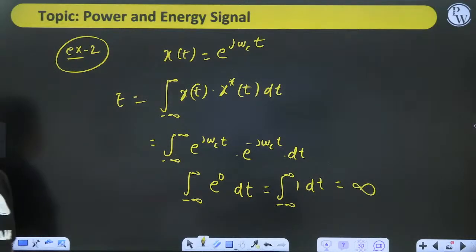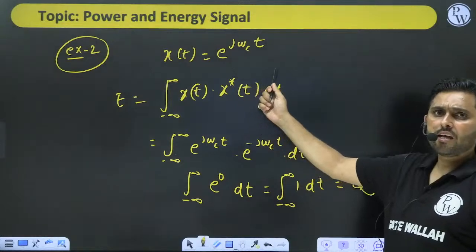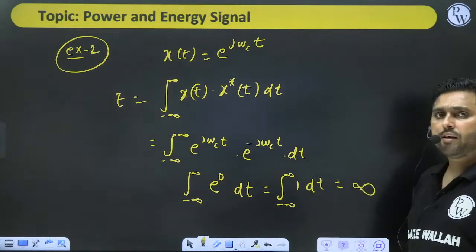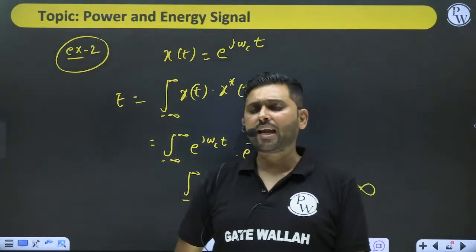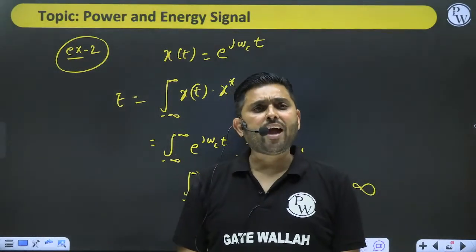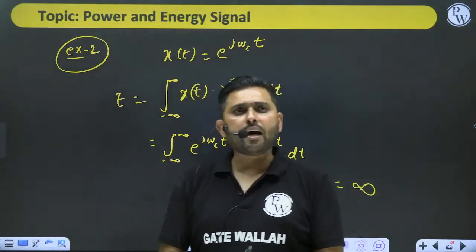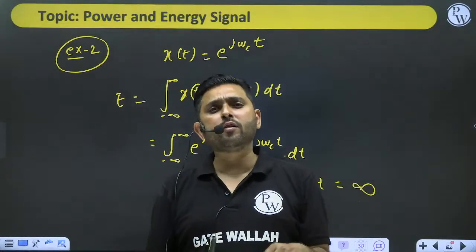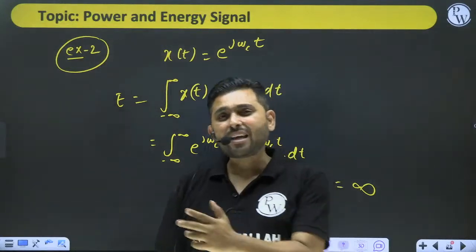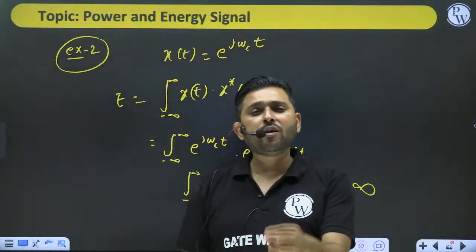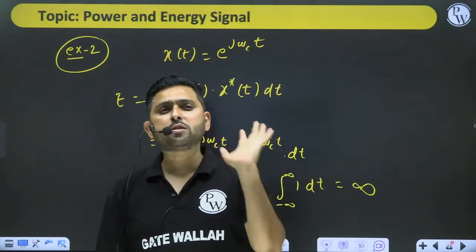What's the meaning here? Listen carefully. It says that e to the power j omega_c t has infinite energy. Is it possible that any signal has infinite energy? If any signal had infinite energy, it would mean that if you send a signal from one end of the universe, it would reach the other end. But practically, your voice will not reach even a distance of 10 or 20 meters, no matter how much you shout.